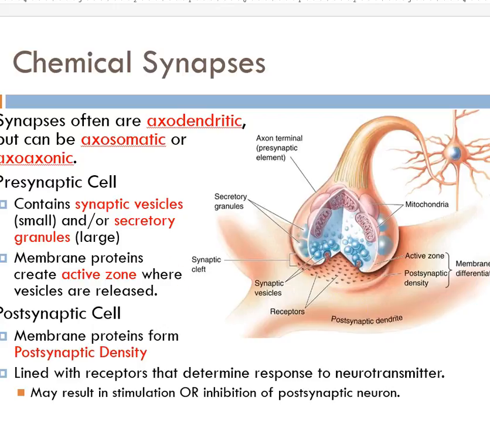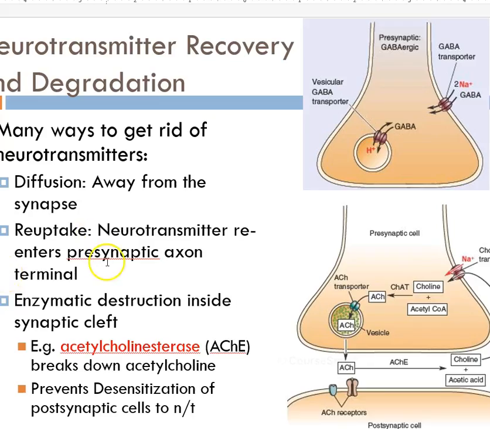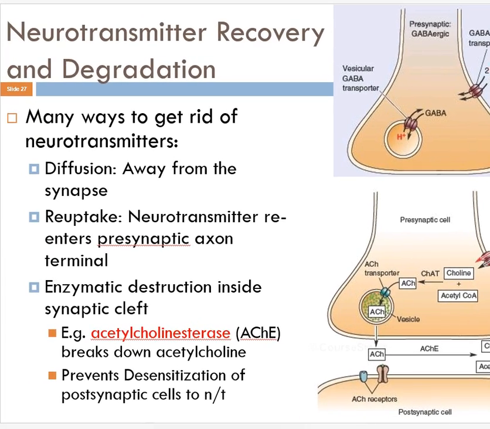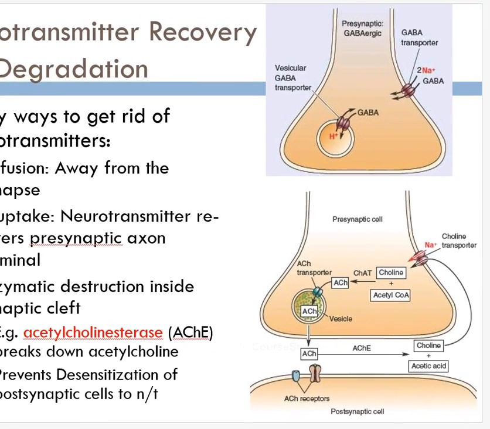Now, the last question asks, why might we use acetylcholinesterase? The key thing is that acetylcholinesterase is an enzyme that destroys acetylcholine. It was discussed on this slide right here. Its function is to break down acetylcholine after it's been released by the presynaptic cell.